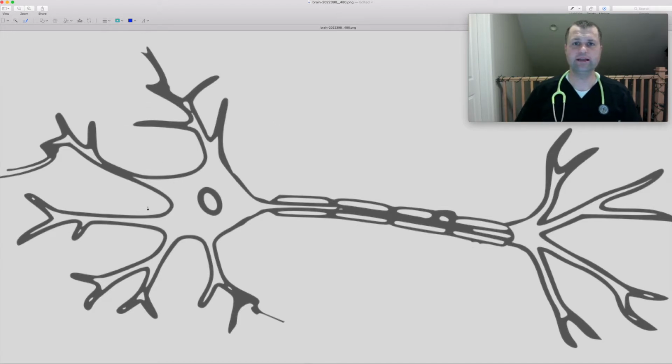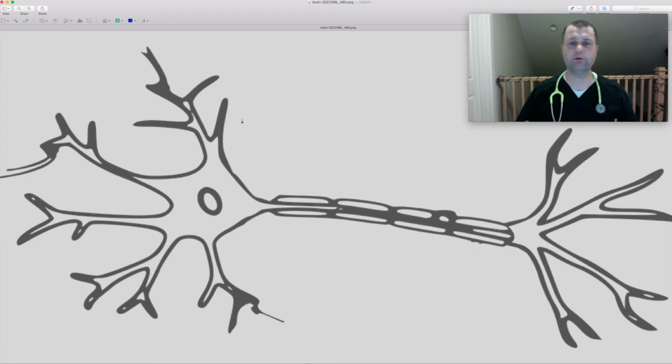So this is the body of the cell, and this is called an axon. These little fingers communicate with the bodies of other neurons. They send signals throughout our body, and they control pretty much everything. They control our breathing, what we think, what we remember, how we see, smell, taste, feel, how we move our muscles, everything.